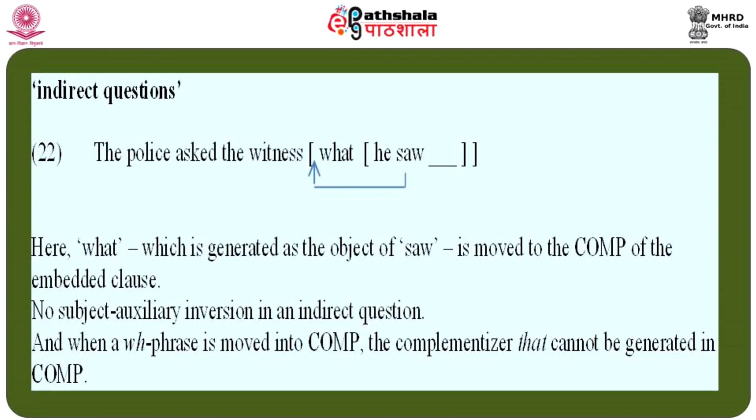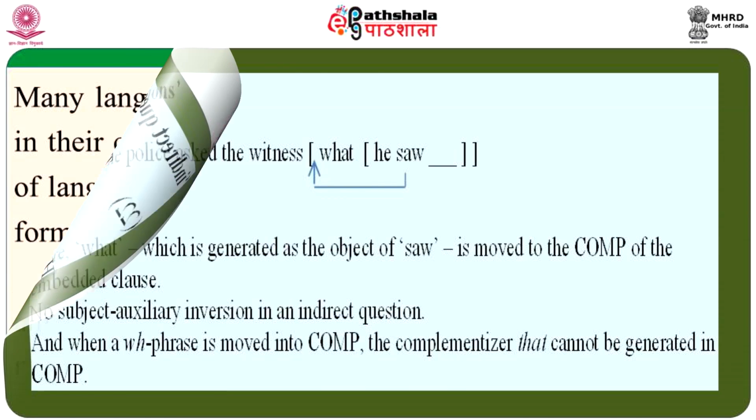Here, what, which is generated as the object of saw, is moved to the COMP of the embedded clause. Note that there is no subject auxiliary inversion in an indirect question. Also note that when a WH phrase is moved into COMP, the complementizer that cannot be generated in COMP.